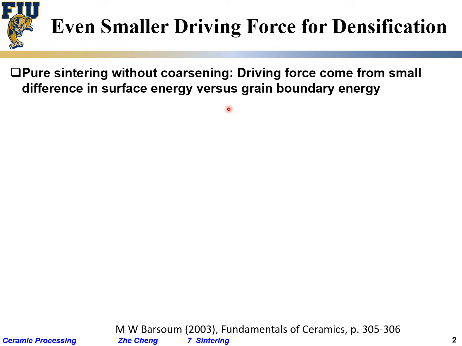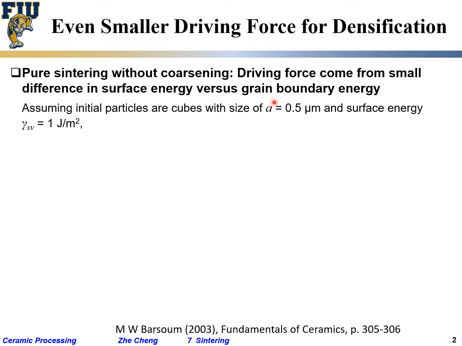Because we said no grain growth. Whatever is 0.5 micron remains as 0.5 micron. But because it is a polycrystalline material, there's grain boundary between them. Okay, so an energy difference between surface energy and the grain boundary energy. We are talking about that.